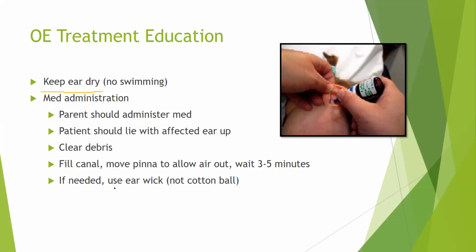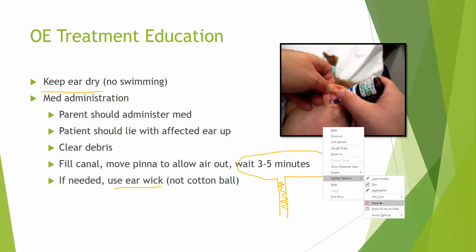An earwick is used if needed. If we've got that really tight canal and we know the medicine's not going to go all the way into the canal. So if here's the ear, you've got the canal here. If this canal is so swollen that you can't get anything in, then what you do is you insert an earwick in here.